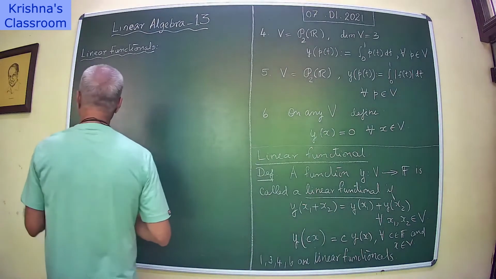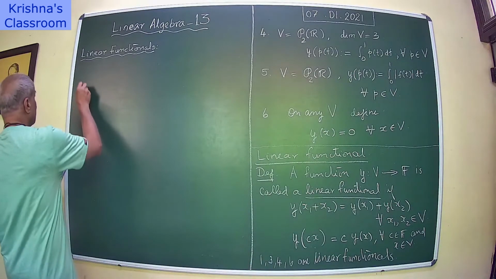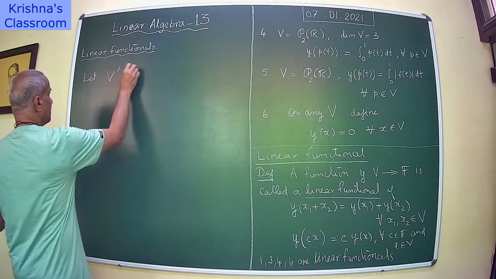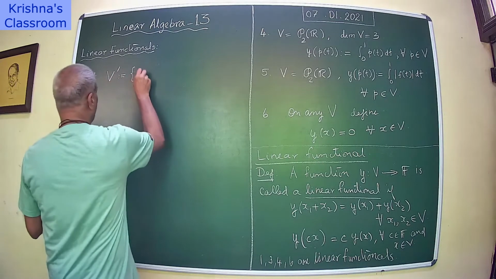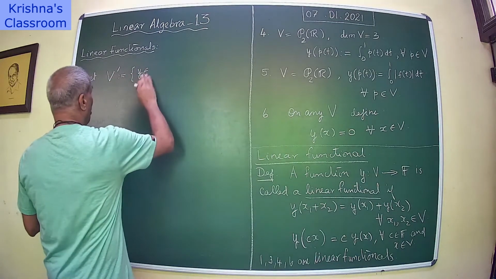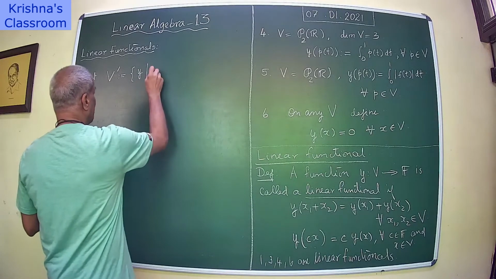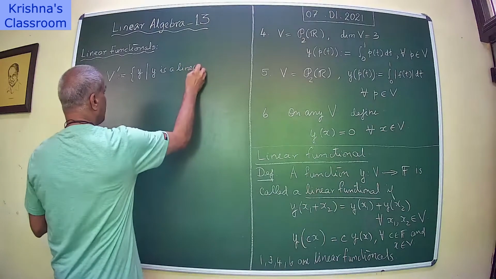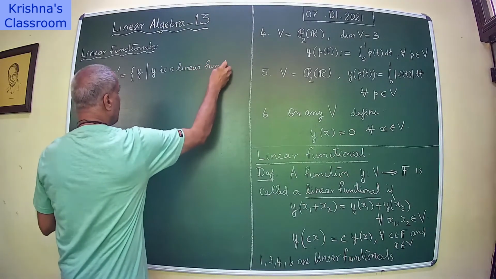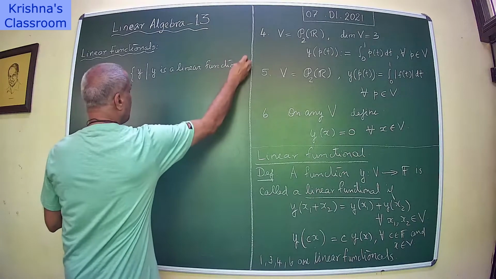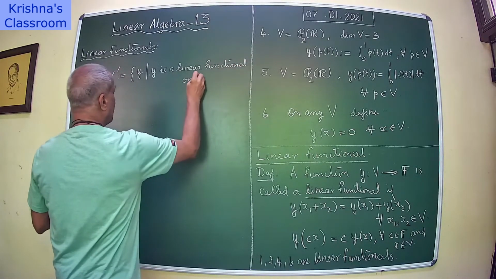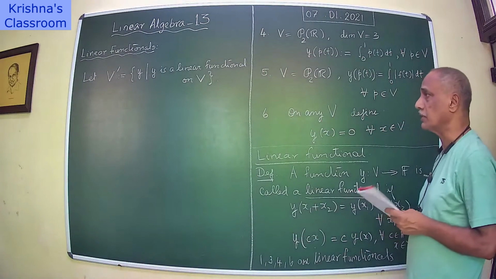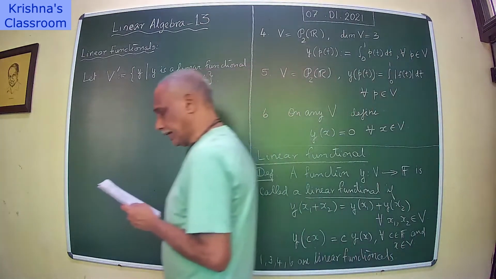Now let us give a notation. Let V prime denote all y such that y is a linear functional on V. So the set of all linear functionals on V is denoted by V prime.